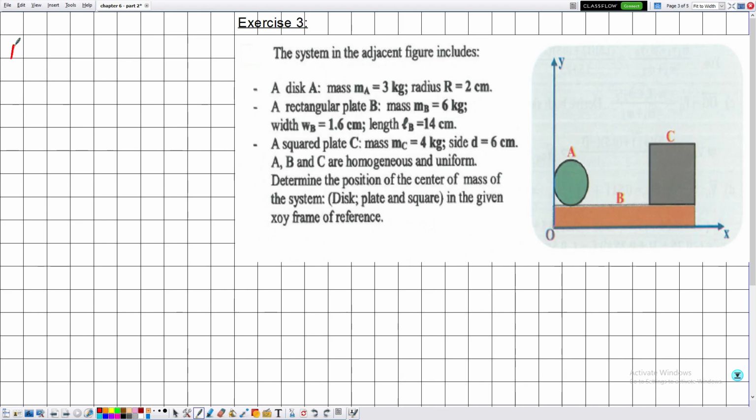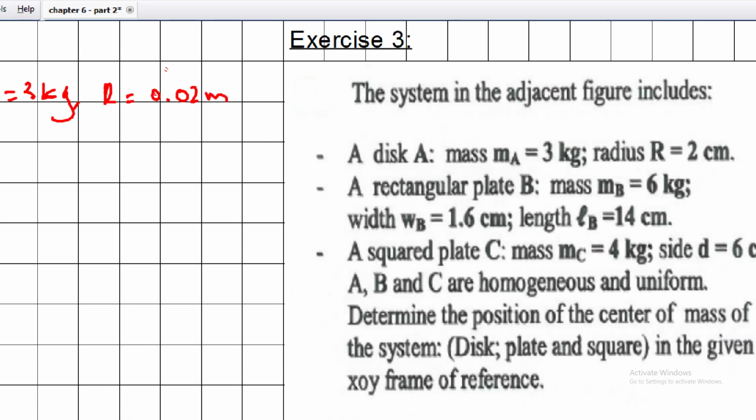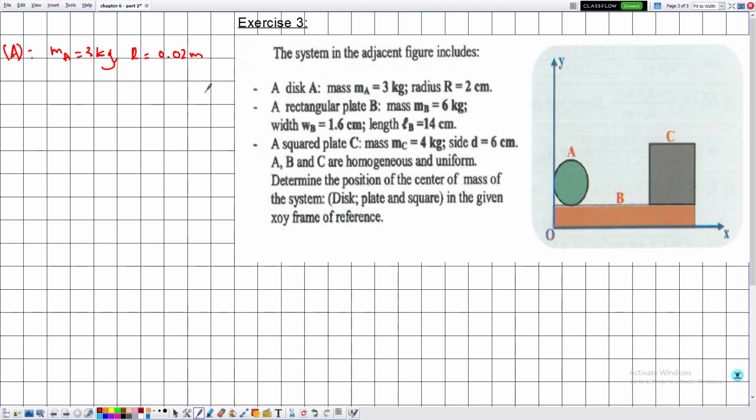So the object A, which represents a disk, has a mass MA equal to 3 kilograms and radius R equal to 0.02 meters. Recall that whenever we need to convert from centimeters to meters, we divide by 100.